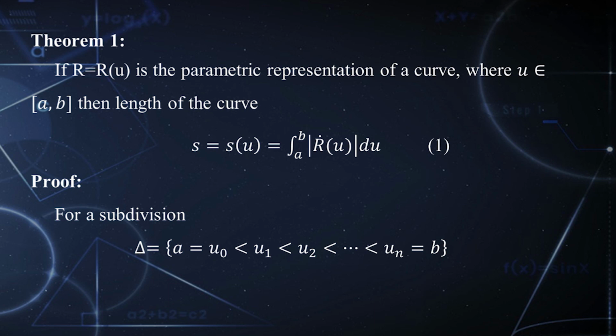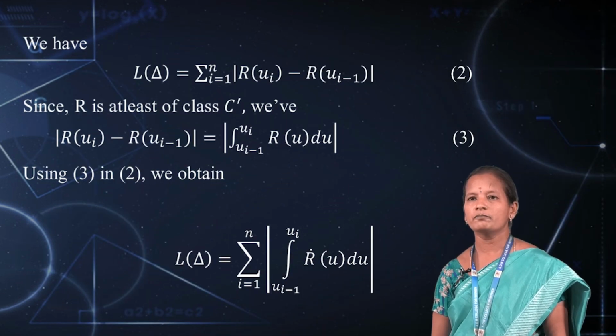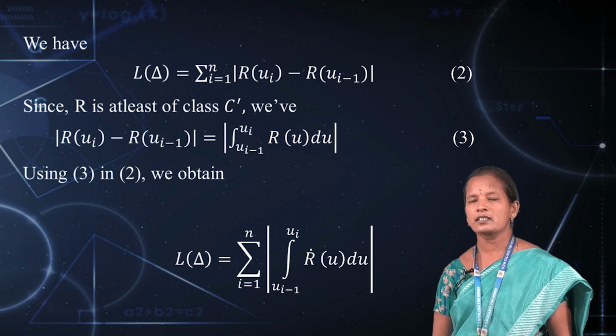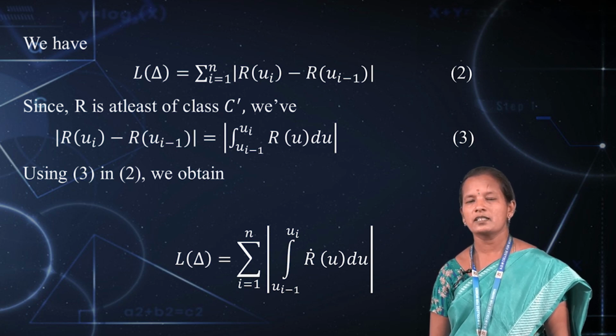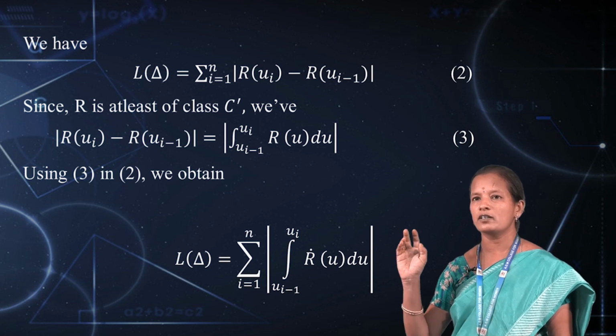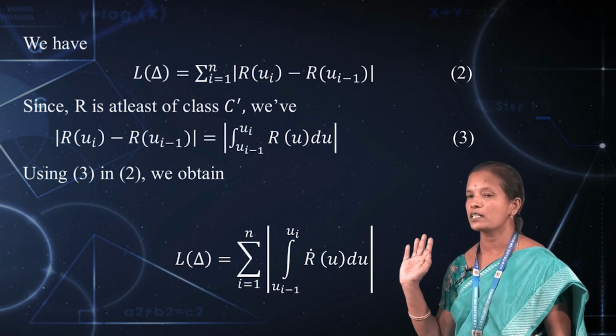The initial point is a and the terminal point is b. That is, u naught is equal to a and un is equal to b. We have L of delta, already mentioned in the previous slides. Again, repeat the same: L of delta is equal to the summation of modulus of r of ui minus r of ui minus 1.